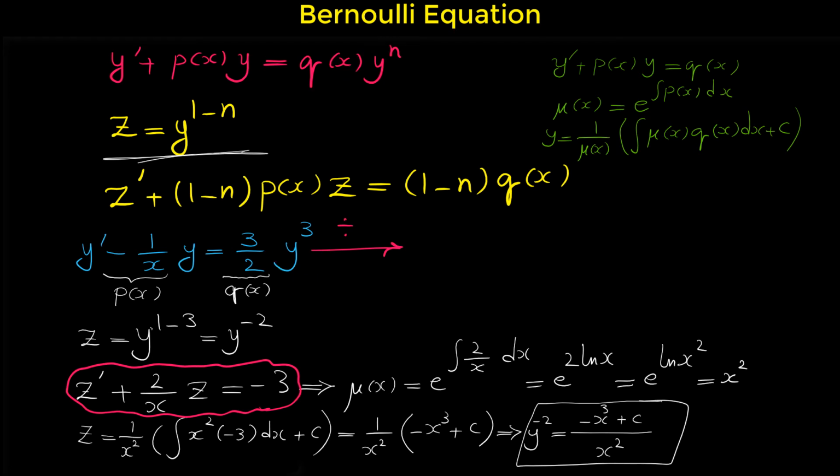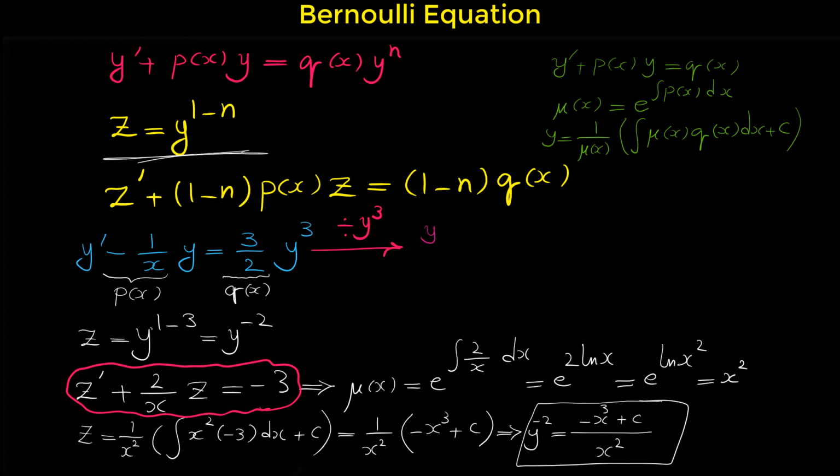So before doing anything else, first divide both sides of the equation by y to the whatever power here we have. So first we divide both sides of the equation by y to the 3. If we do so, we get to this equation.